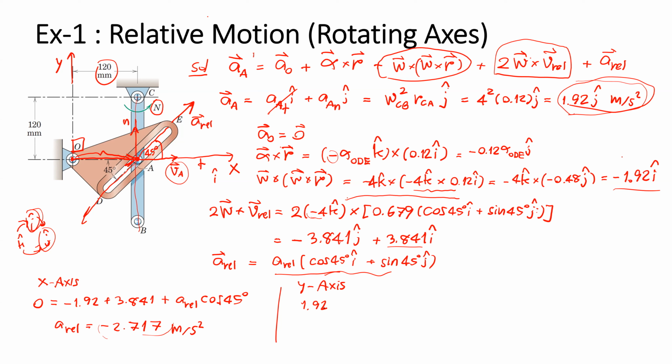On the right-hand side, we have minus 0.12 alpha, and this one, minus 3.84, and the last term is the relative acceleration multiplied by sine 45 degree.